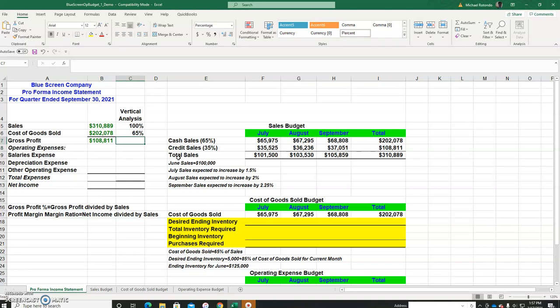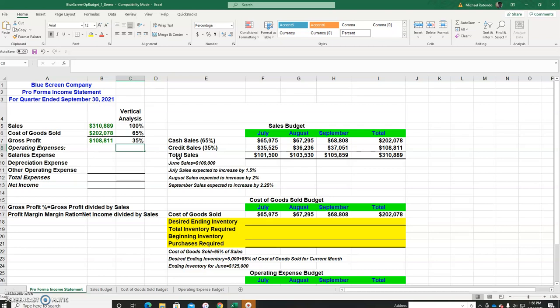And you've done the gross profit percentage before, right? Gross profit over sales. It's going to be 108,811 divided by 310,889. So that's going to give us our gross profit percentage, and we know it's going to be 35%.